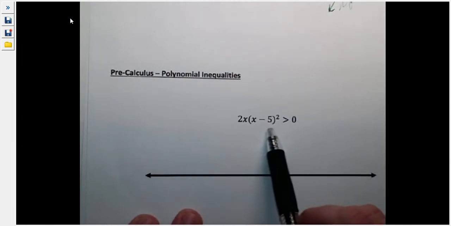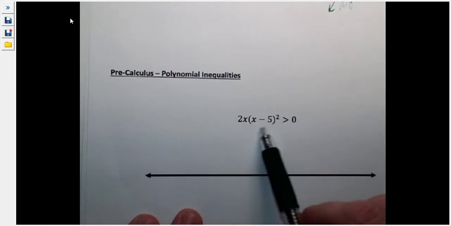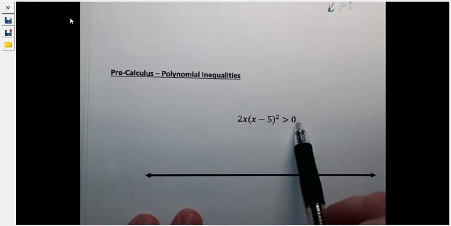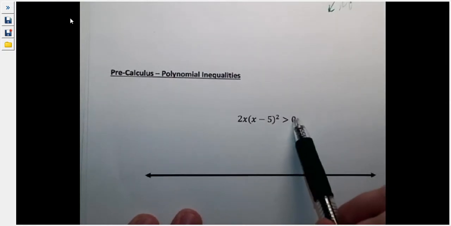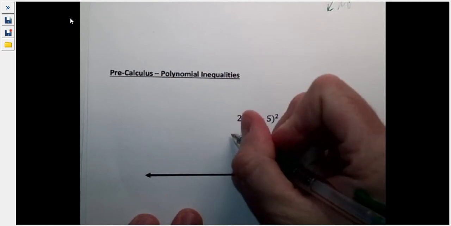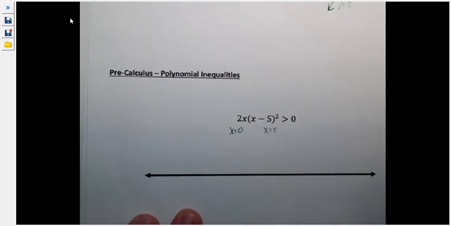Basically, we're saying find the solutions to this where this function is greater than 0. So you need to find out where your function is first 0. So find the zeros of your function. My zeros are x equals 0 and x equals 5.